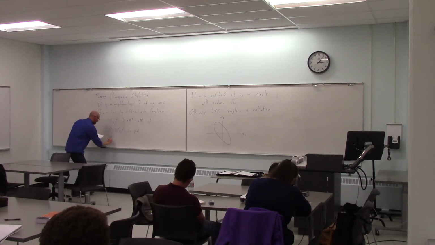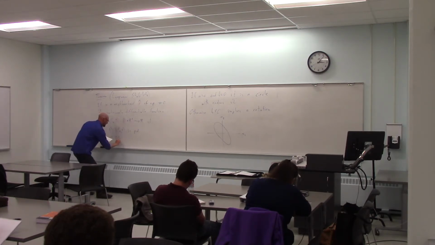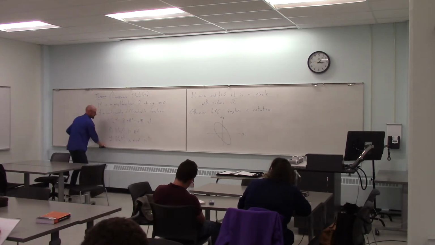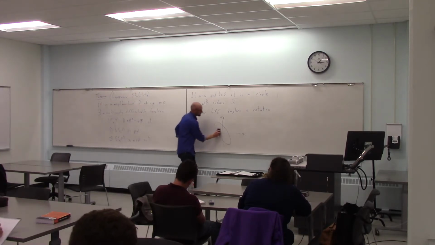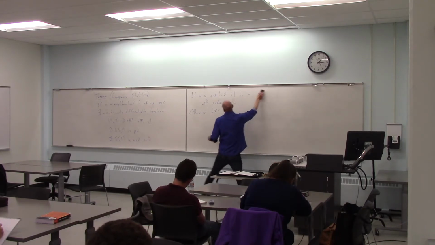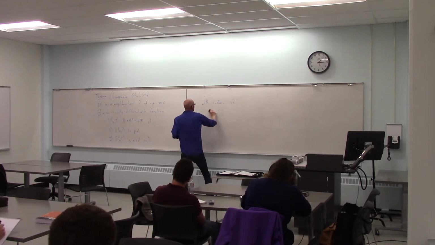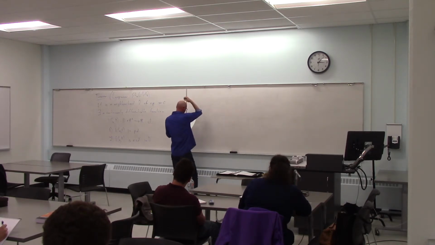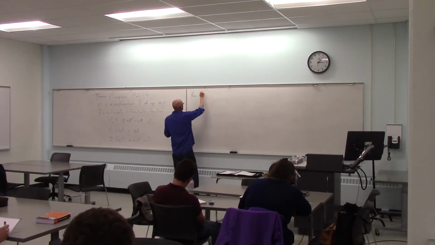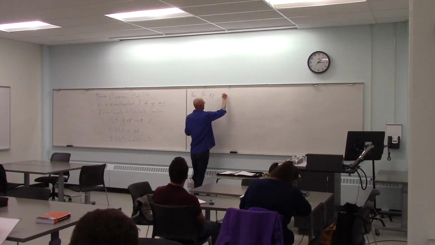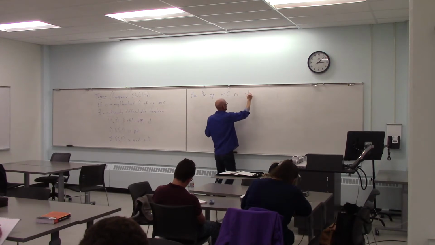I'm going to write these things down. V dot of x and t is negative semi-definite in D. So if those two things are true, then the equilibrium point x equals 0 is stable.